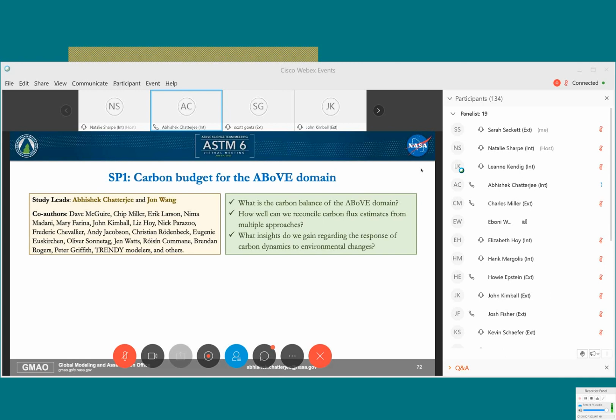So for the carbon budget, the driving questions are very simple: looking at the carbon balance, and trying to do a reconciliation of the top-down and bottom-up flux estimates. And as we are looking at a decadal period from 2009 to 2018, as the carbon budget responds to changes in the environment, what kind of responses do we see, and is there any difference in different regions within the above domain? If you click next.